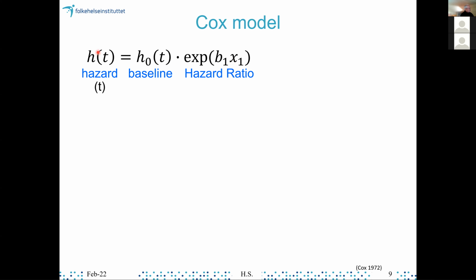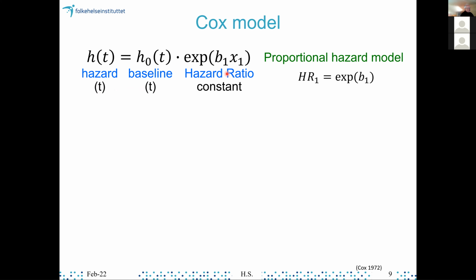Now, the hazard, as we can see, is a function of time. The baseline hazard is also a function of time, but the hazard ratio is a constant. So this is clearly a model where we assume a proportional hazard. So we have a constant hazard ratio. And the hazard ratio in this case is the exponential of the coefficient over here.